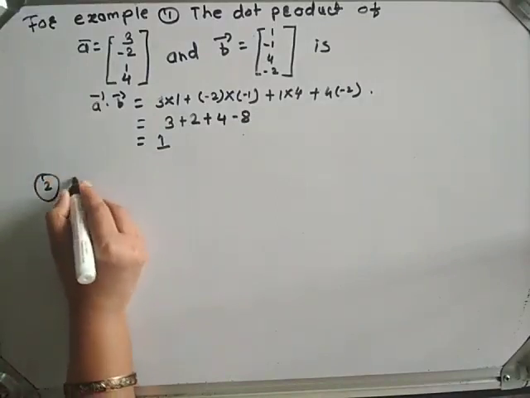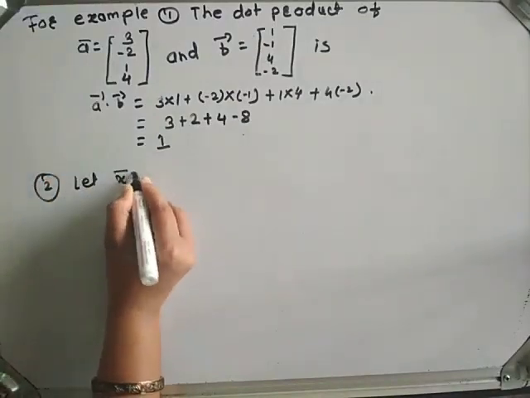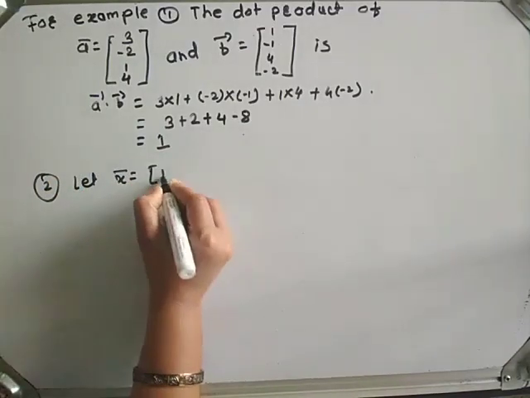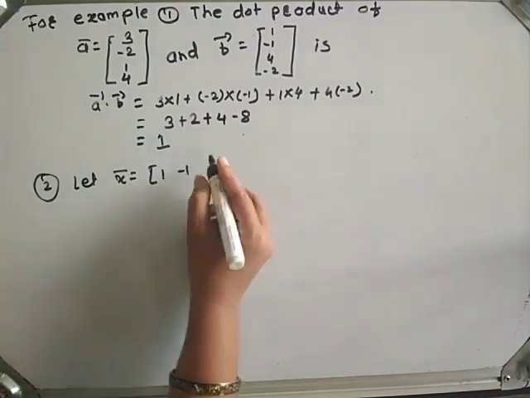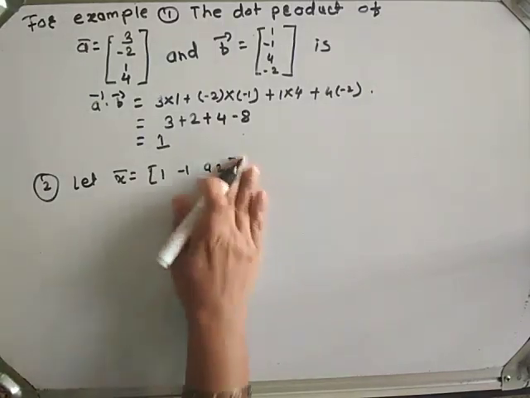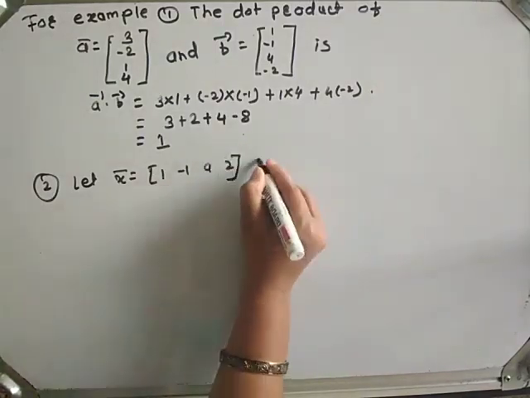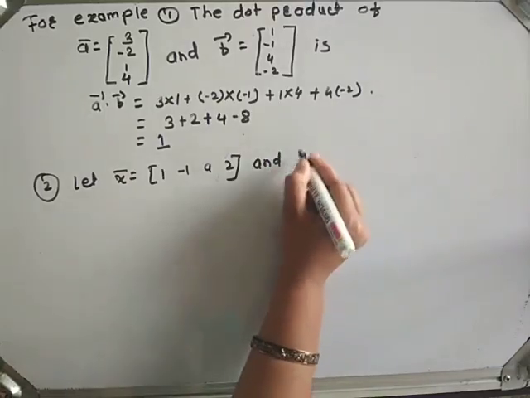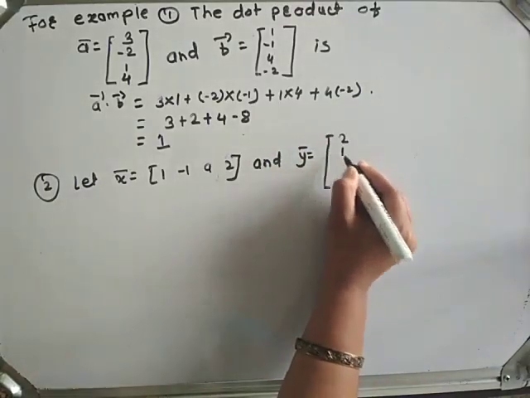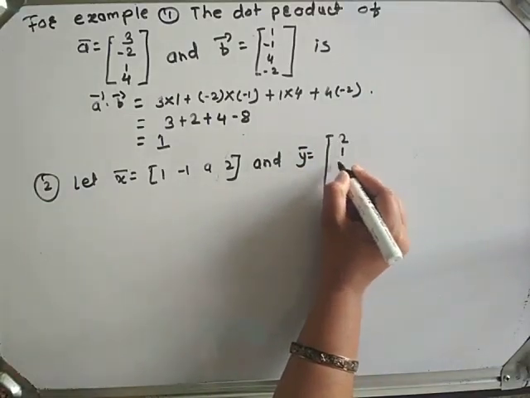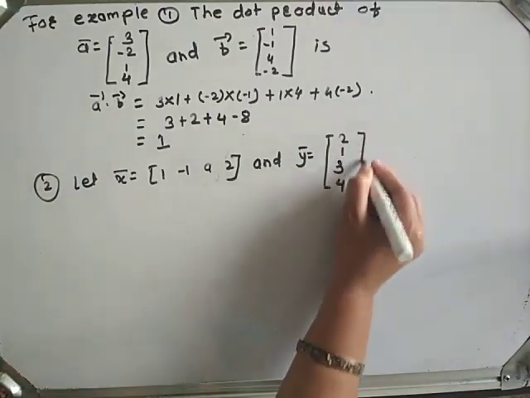Second example: let x bar be the matrix 1, minus 1, a, 2 and y bar be the matrix 2, 1, 3, 4.